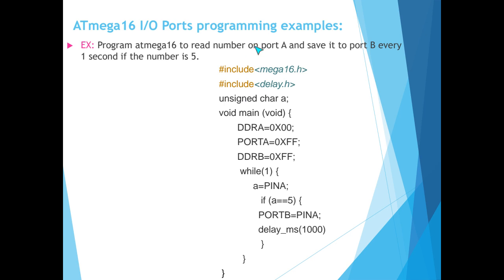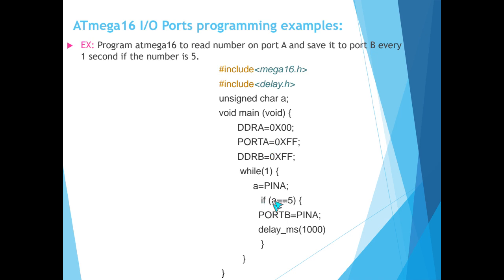We want to read the data from port A. Pin register, thank you, Amin. Then A equal PINA, meaning that read port A data and put it in variable A that we declared before the main function.